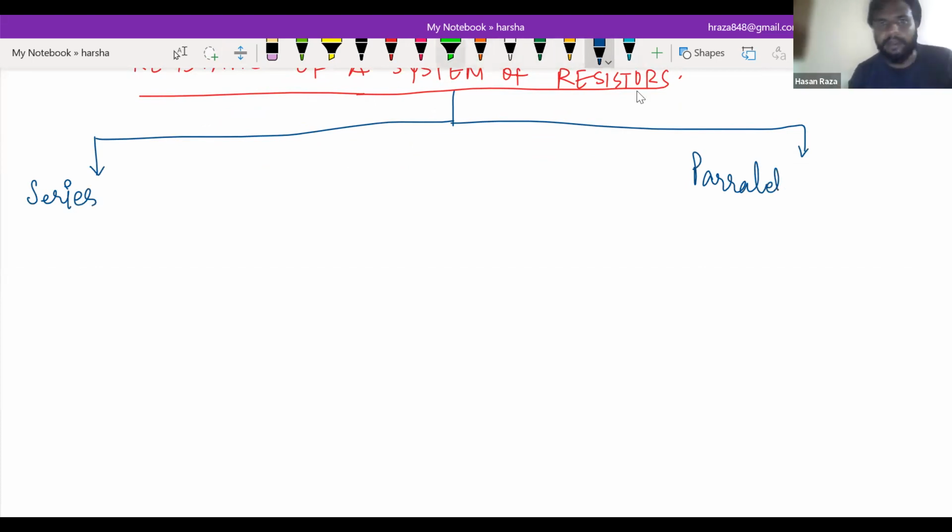How will we recognize whether it is series or parallel? In series, the resistors are basically a group of resistances.